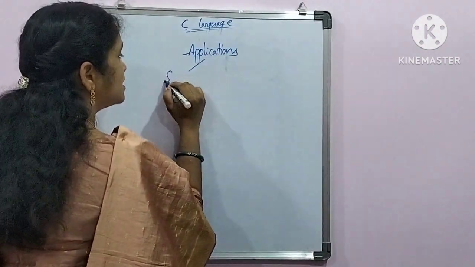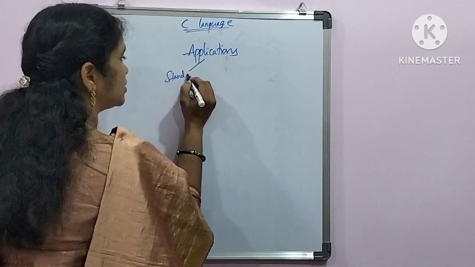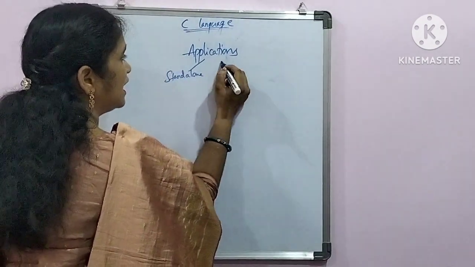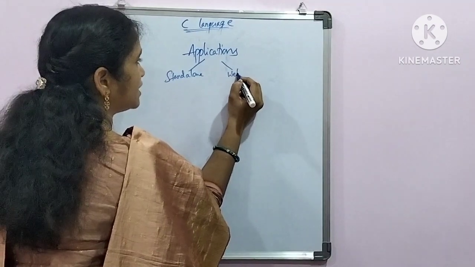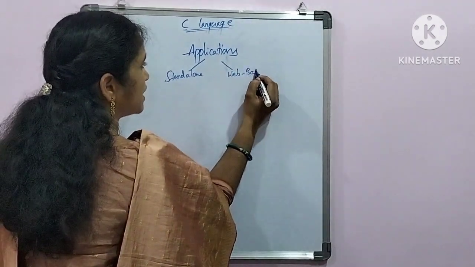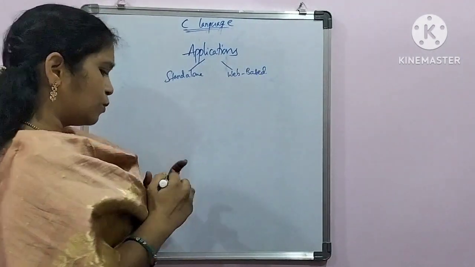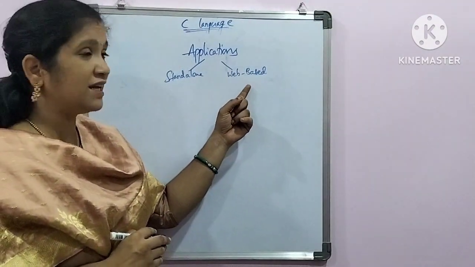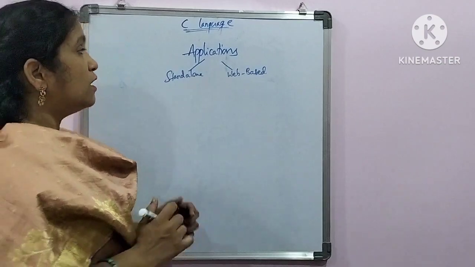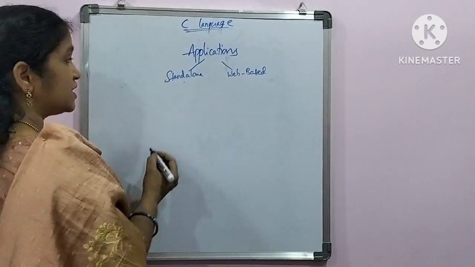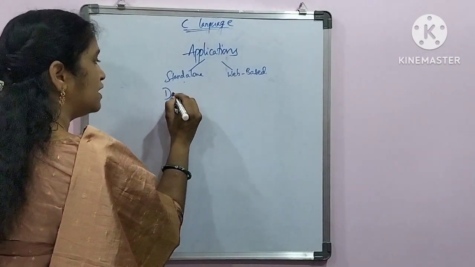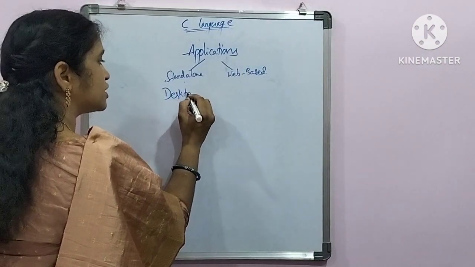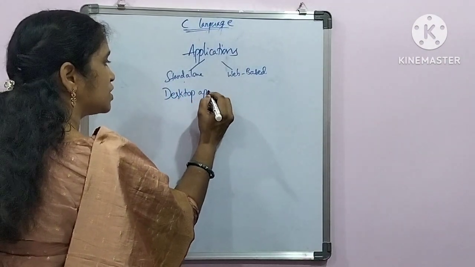The first one is the standalone application, and the second one is the web based application. What do you mean by a standalone application, and what is a web based application? Standalone applications are nothing but desktop applications.